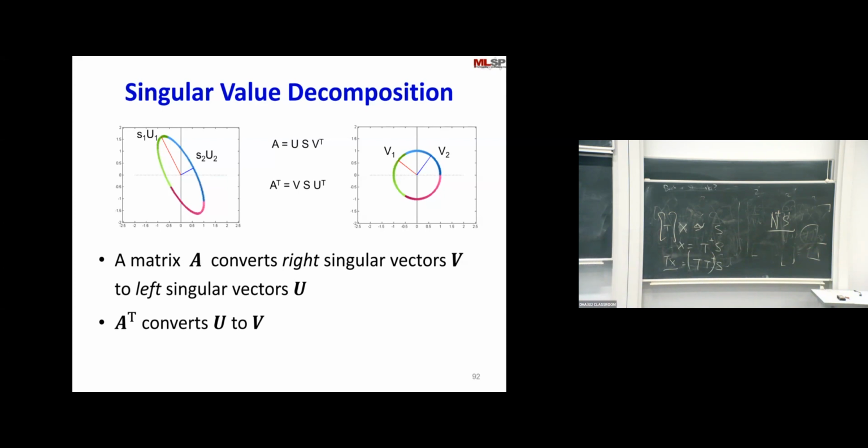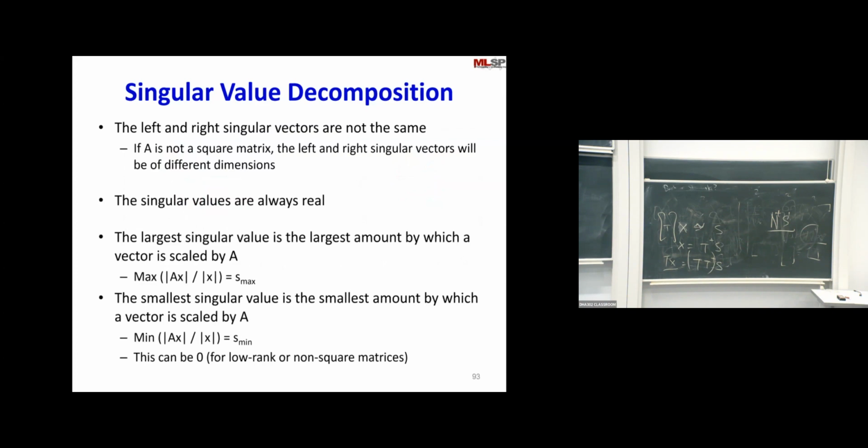And so, here's a property that you're going to get. If I look at the ratio of the length of the transformed vector to the length of the original vector, that ratio is upper bounded by the largest singular value, and it's lower bounded by the smallest singular value. There's a bunch of properties that result from this.